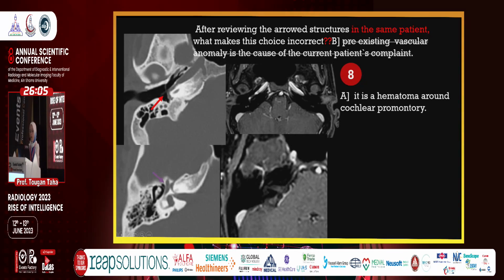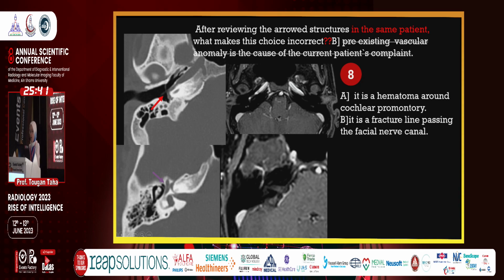After reviewing the arrowed structures in the same patient, what makes this choice incorrect? Do you remember it? Pre-existing vascular anomaly is the cause of the current patient's complaint. Why is this choice incorrect? A, it is a hematoma around the cochlear promontory.